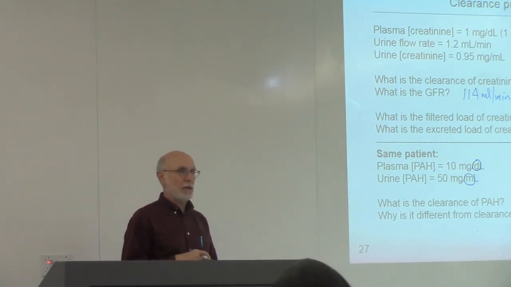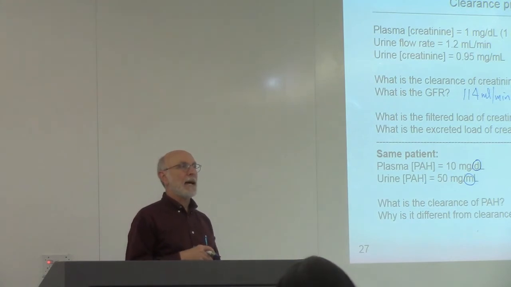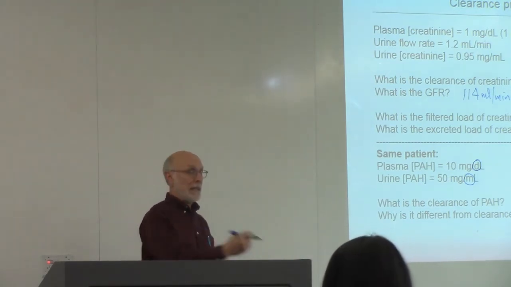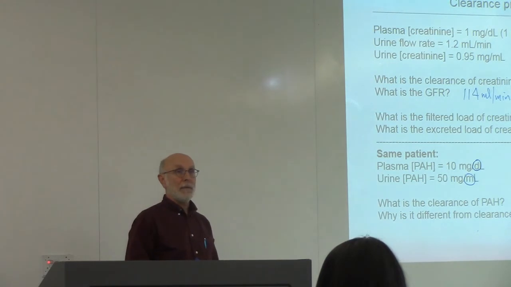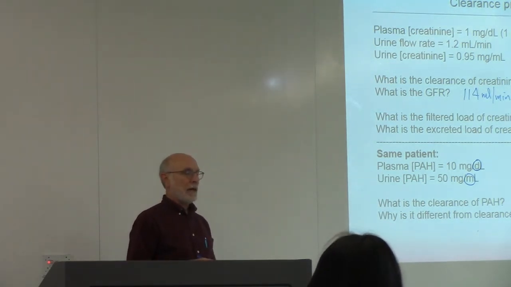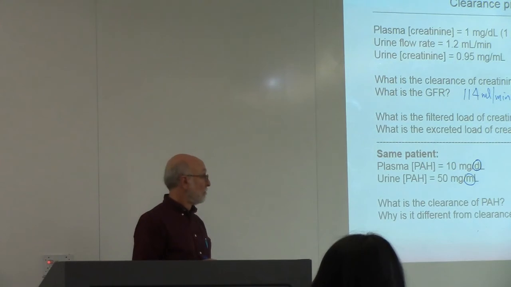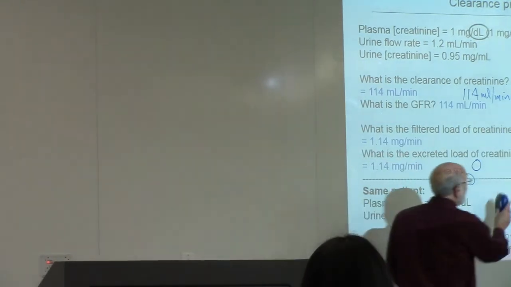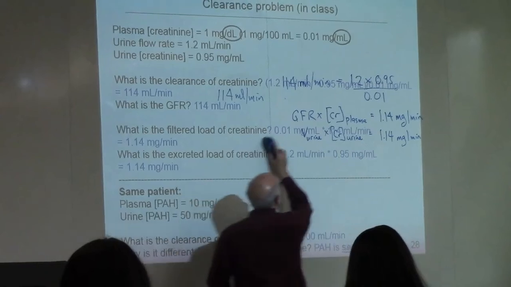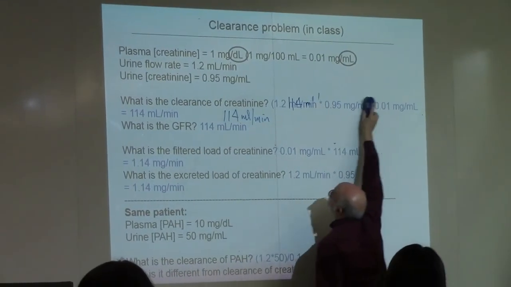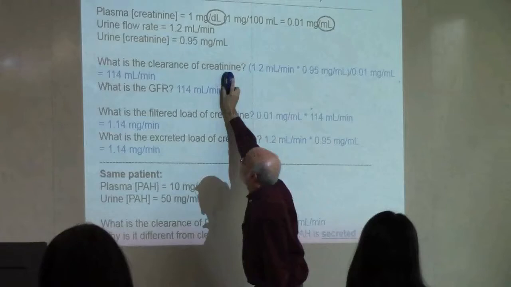Creatinine is only filtered, and para-aminohippuric acid is both filtered and then completely secreted by the renal capillaries and tubules. Okay, so here are the answers with some calculations that will be on Moodle soon.